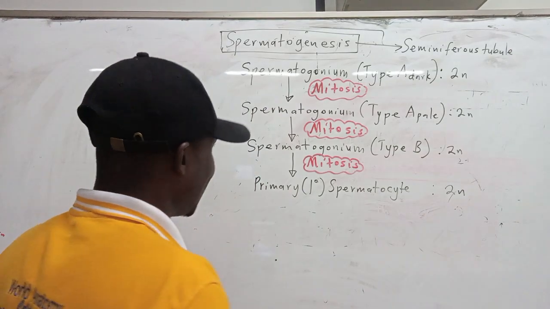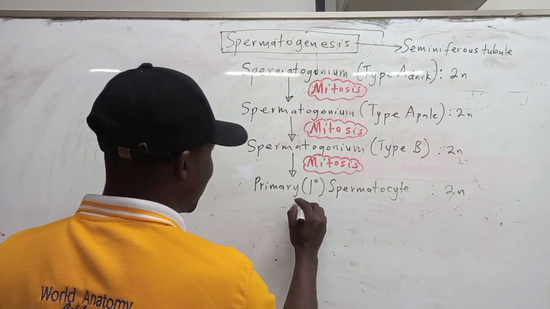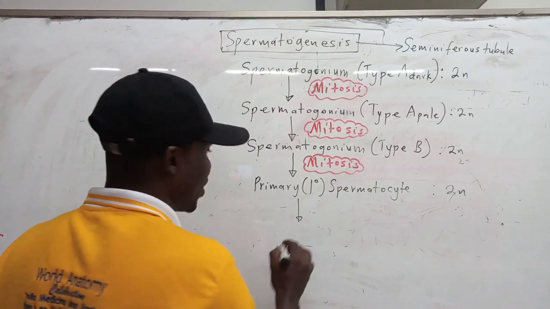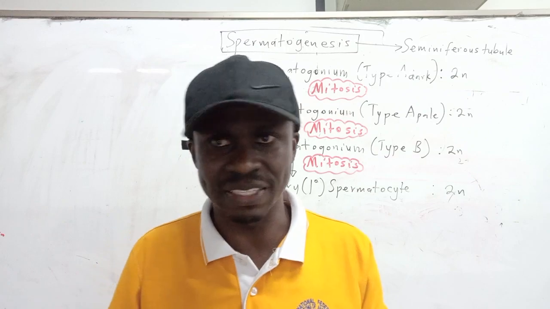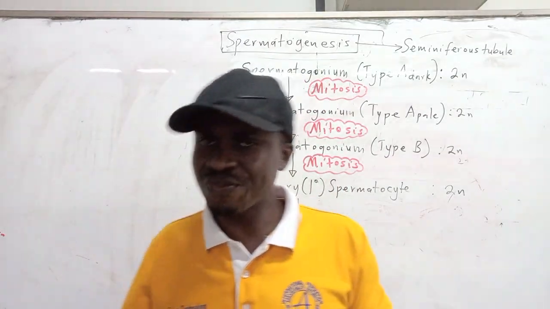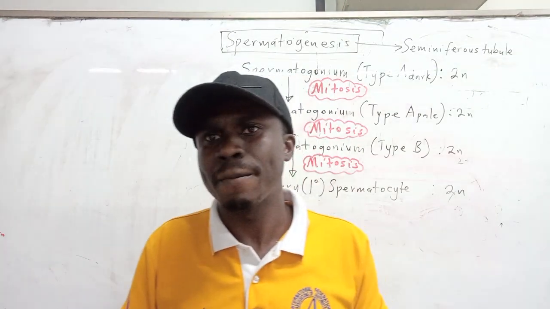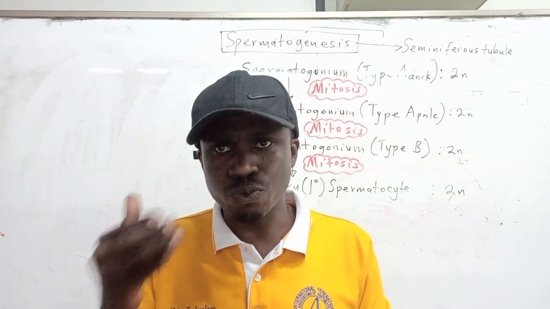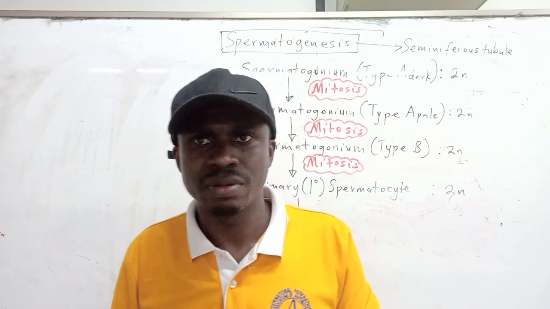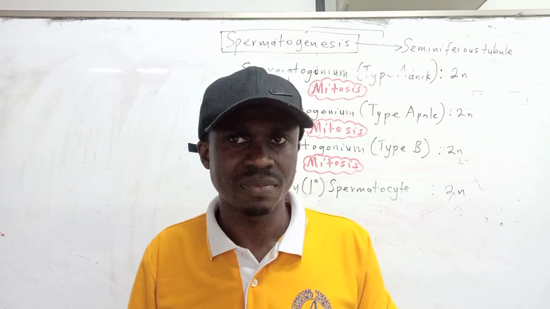Now, the next point is that from primary spermatocytes, my friends, this time around, meiosis begins. Now, you are aware from senior high school that meiosis is a reductional division. There are two successive divisions.